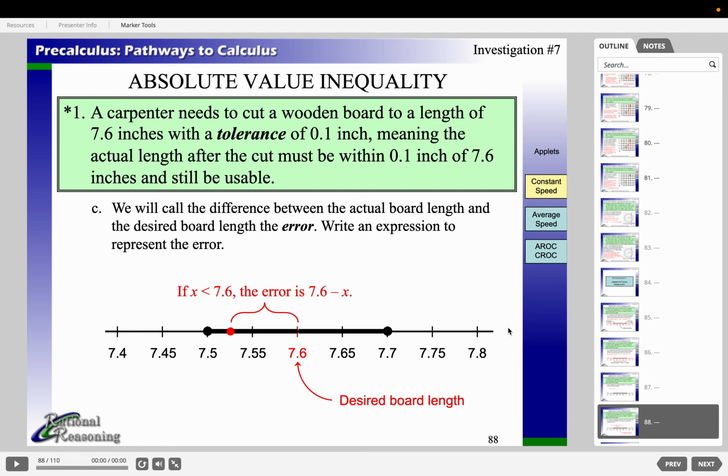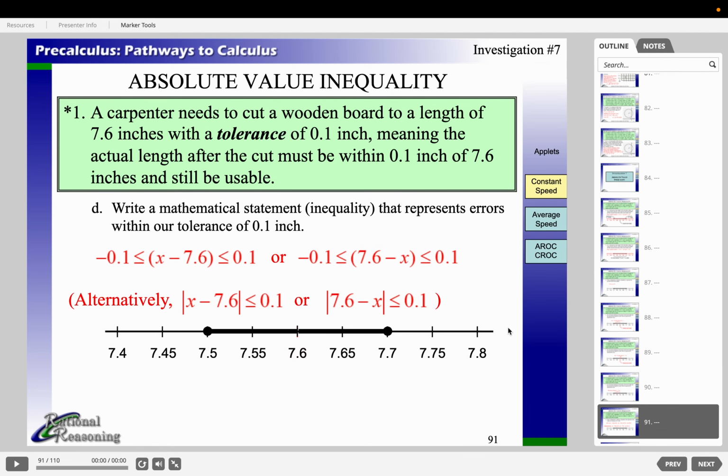But I could also talk about just listing the difference between my board length and our goal. Say this is our error, the error that's acceptable in this case. By subtracting, I put the absolute values, because I don't care whether it's bigger or smaller, it could be either. So subtract and just make it positive.